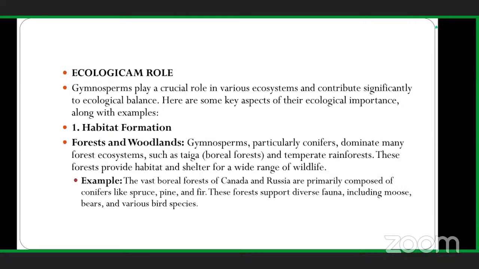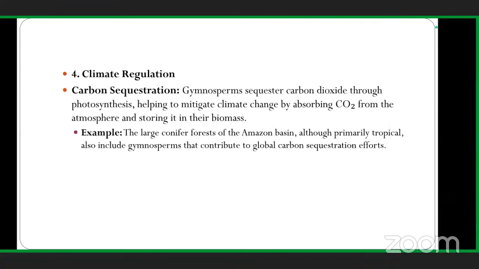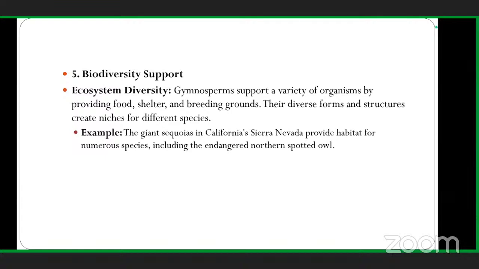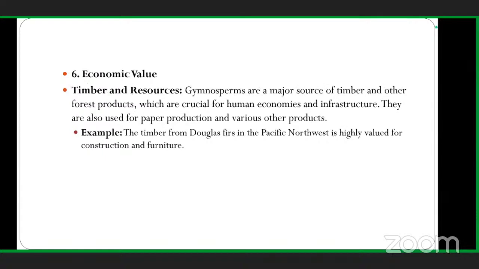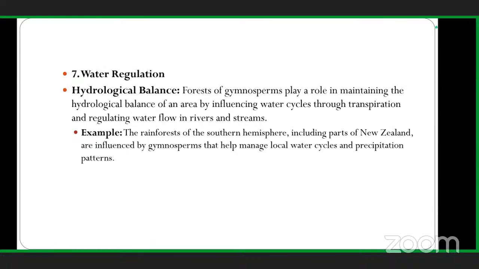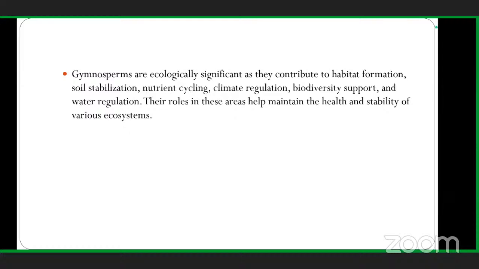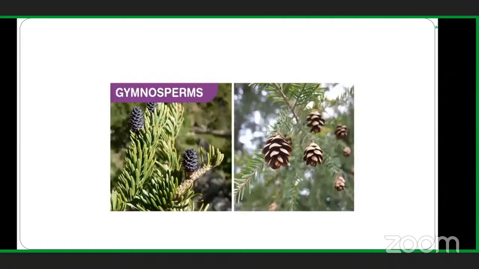So the ecological role, I will not repeat it. You will go through it. It's like habitat formation, soil stabilization, nutrient cycling, climate regulation, biodiversity support, economic values like timber, which we use for making our furniture. Next is water regulation. So these are all about gymnosperms.